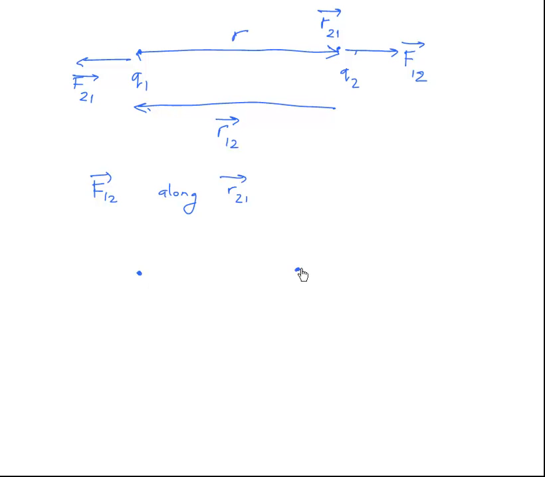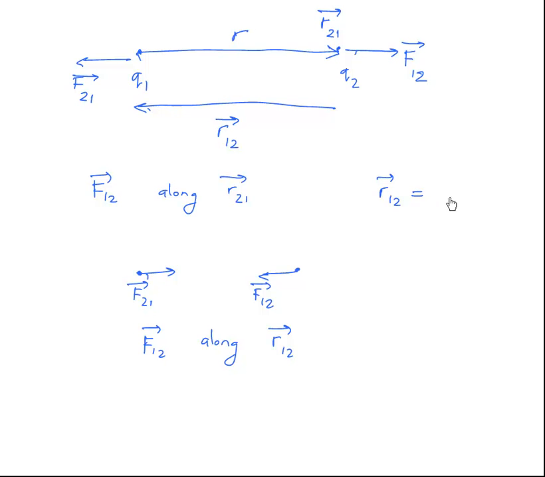What if I made these charges unlike charges? Then the force between them would be attractive, and in that case F12 would be directed along R12. Now, what can you say about R21 and R12? That's right.